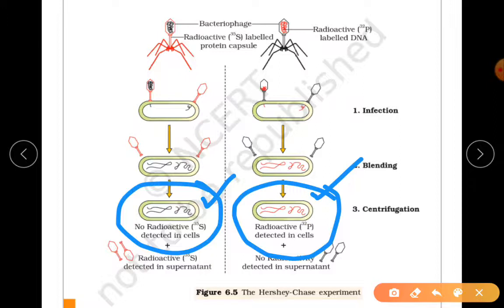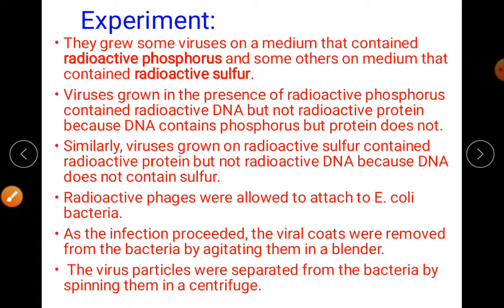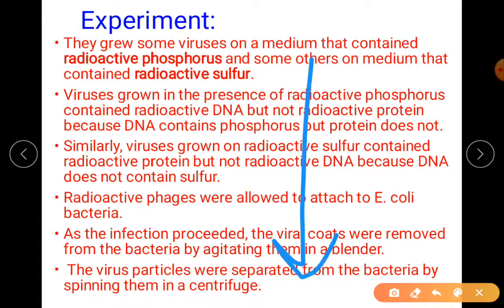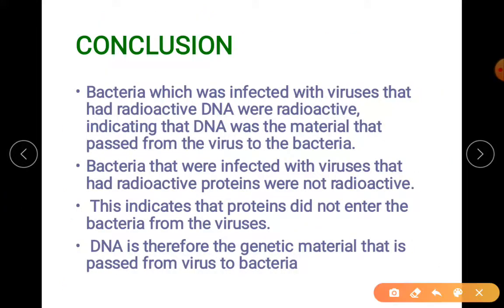This proves that DNA is the one passed on into the next cell. The DNA is present inside the bacteria, so new virus particles can form. I hope you understood a little. That's the whole explanation; this is the experiment part, and this is the conclusion.